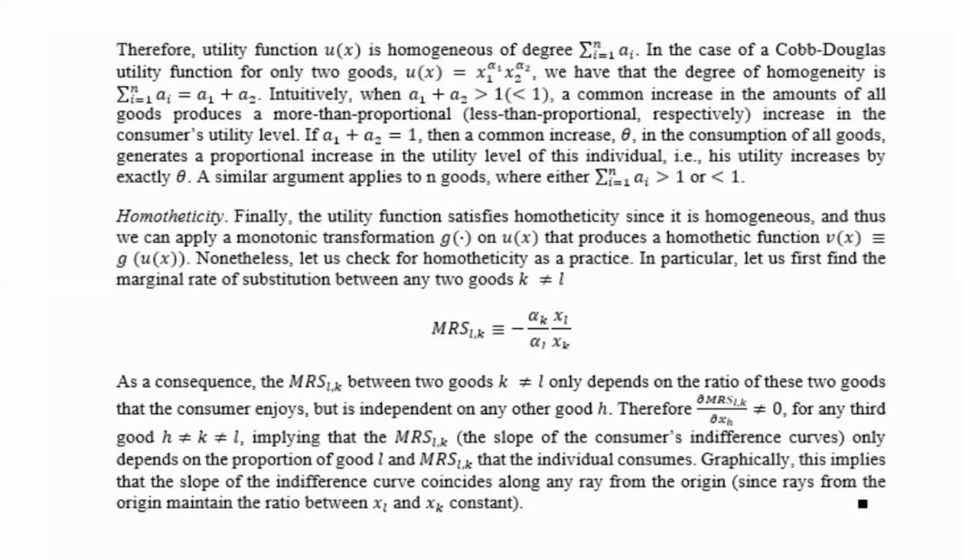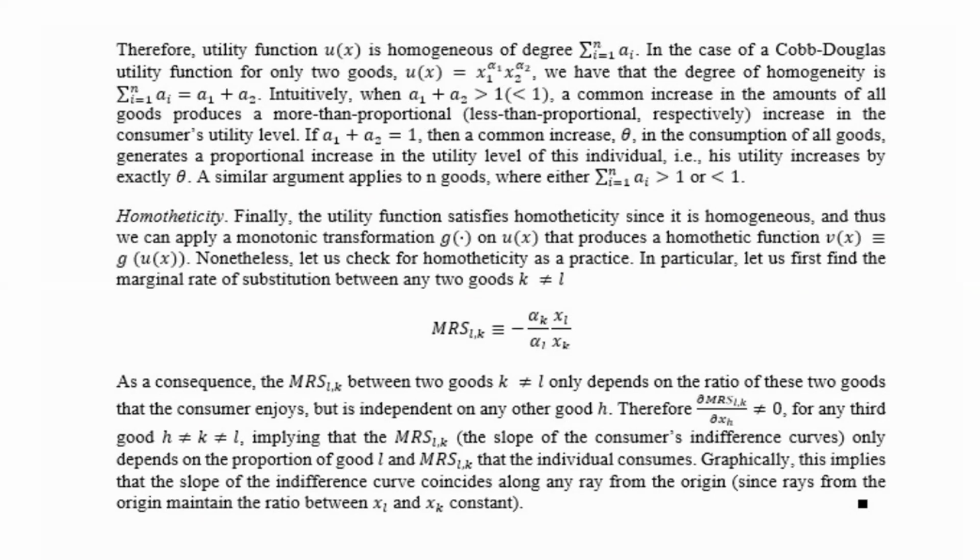So here we can see that marginal rate of substitution of L for K is equal to minus AK divided by AL into XL divided by XK. I have shown the mathematical manipulation in the next slide.